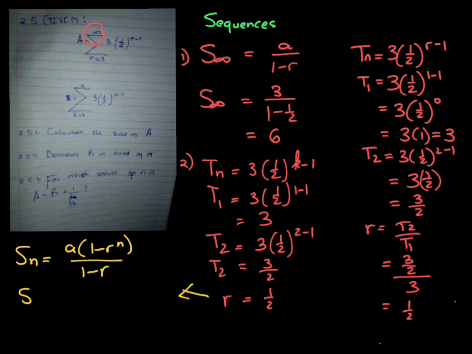So Sn for n terms equals a, which is 3, times 1 minus the ratio, which was a half, to the power n, over 1 minus half, which is half, and 3 divided by half is 6. So 6 times 1 minus half to the power n. And that's your answer for the second question.